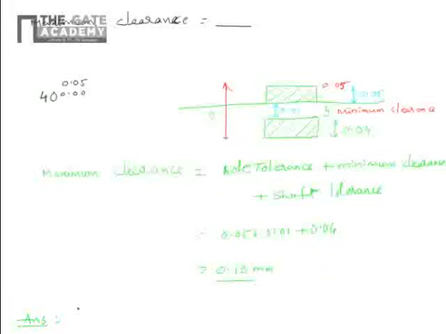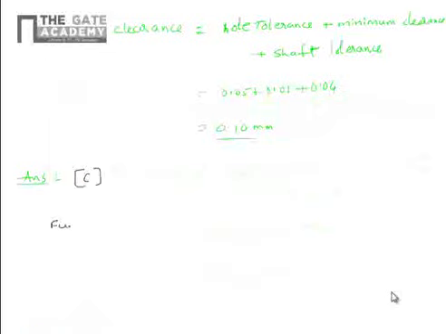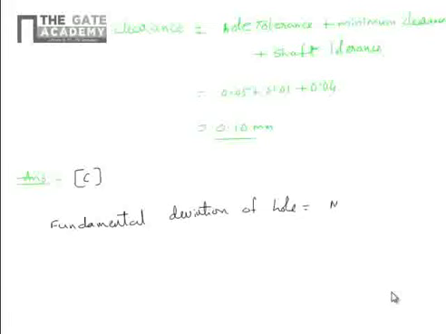Answer for this is C. So in the same problem, if he asks the fundamental deviation of the hole, then fundamental deviation of hole is equal to the minimum of upper and lower deviation, right?